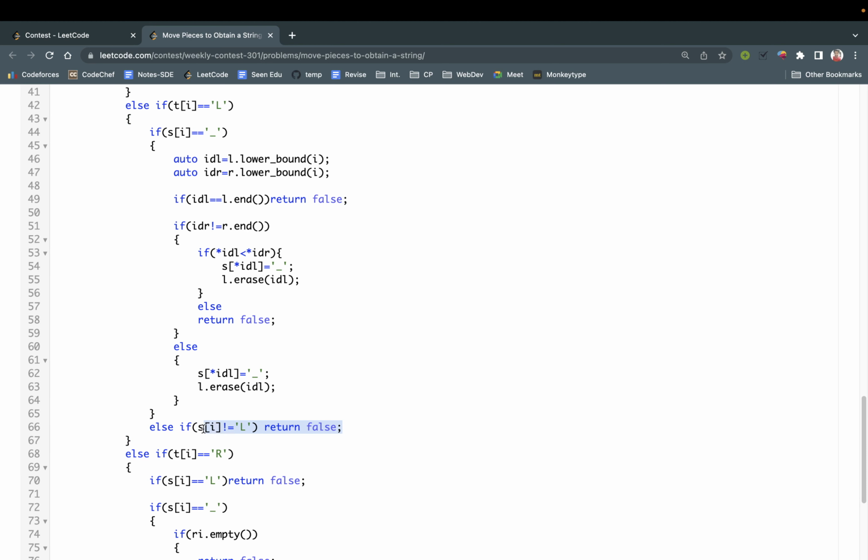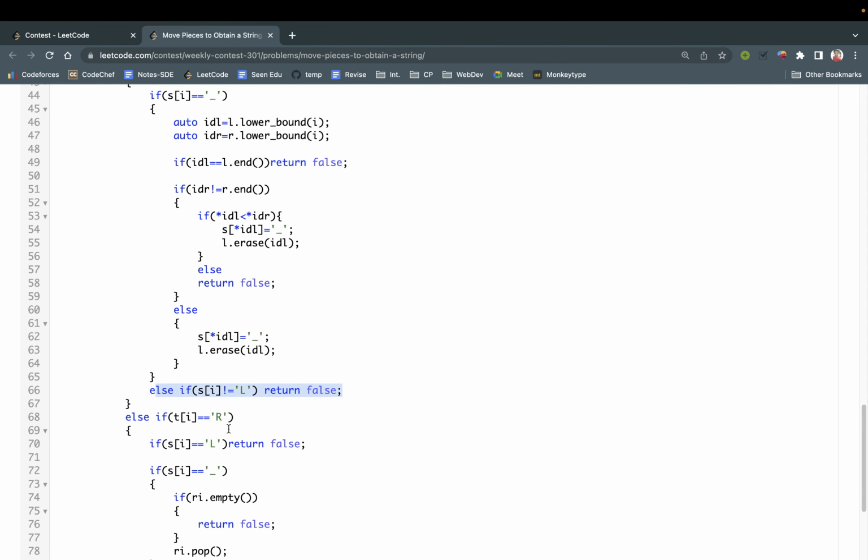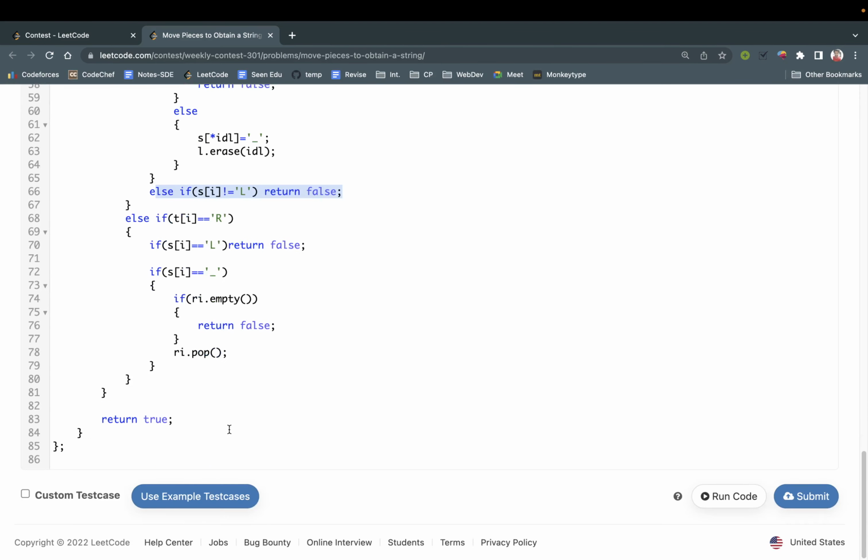If s of i is R, again returning false, because here we require L and we have the condition of R. So in the third case, if the s of i is R, we are checking if the current position is L, then returning false, because it's not possible again to move this L to the backside of i minus 1.